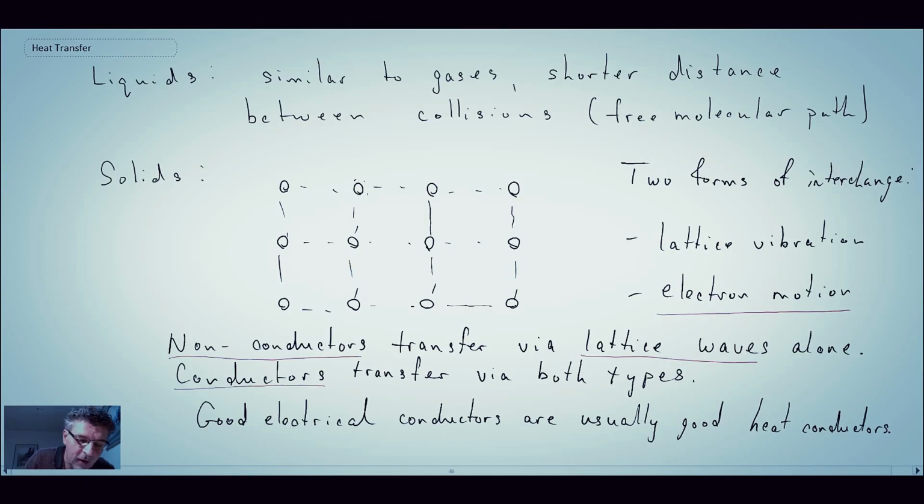And the final comment here is that good electrical conductors are usually good heat conductors. Copper, for example, is a very good electrical conductor, and it's also a very good heat conductor. Gold, platinum, things like that are good electrical conductors, and they're also good heat conductors. Usually that's the case. So anyways, those are the three different situations.